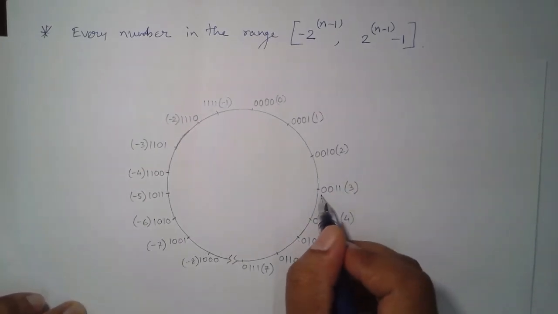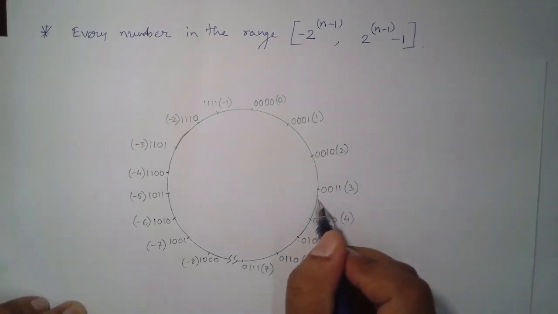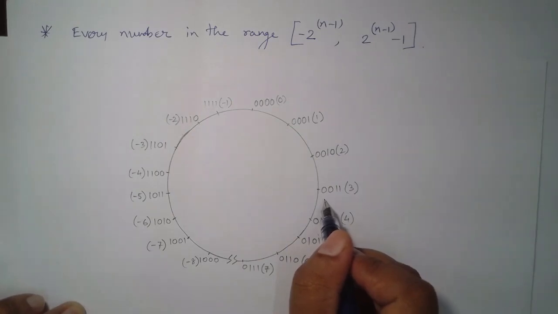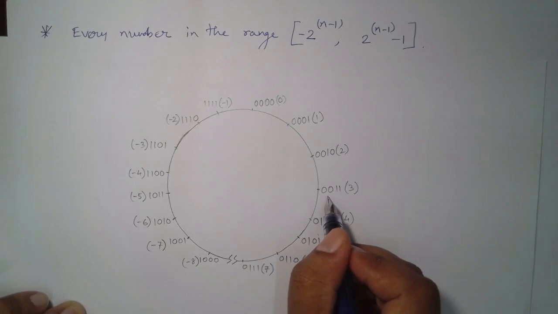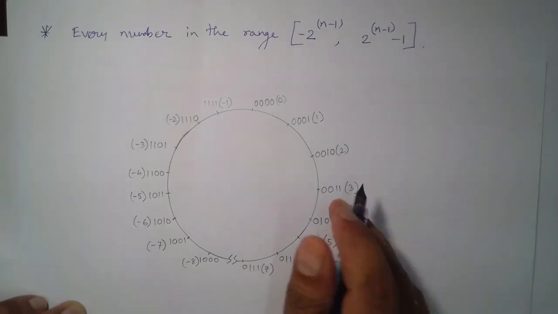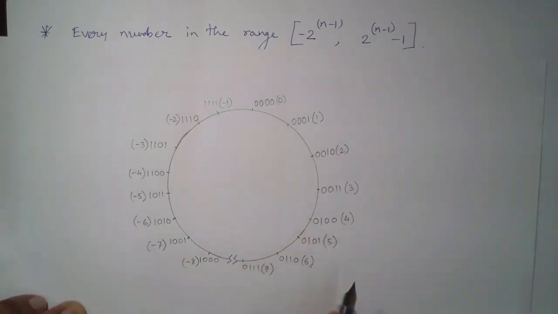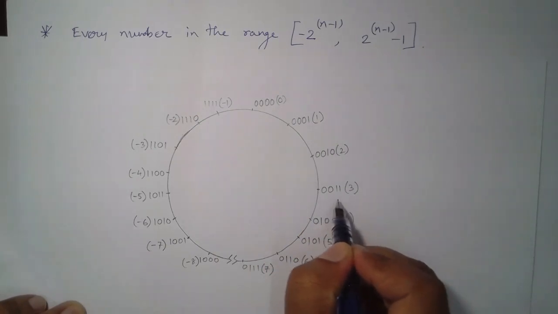Now, if I add 2 to the power n to 3, what do I get? I get 19, 3 plus 16, which is 19. So the number 19 on this number circle will also be represented by this same point.